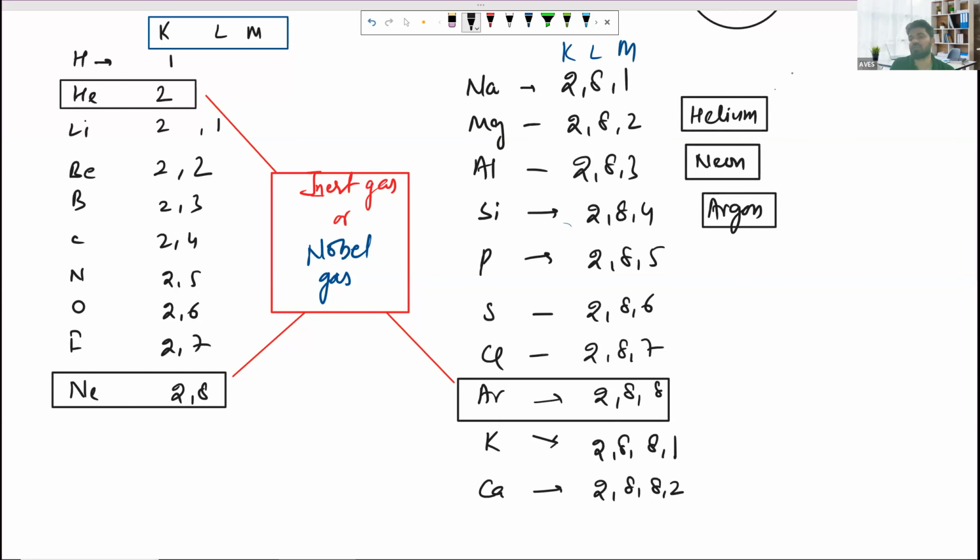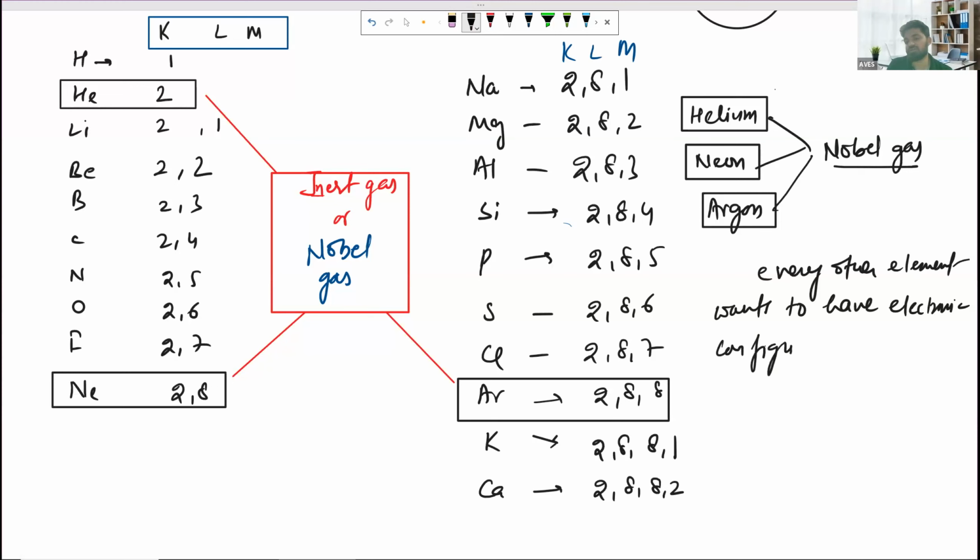Every other element wants to have the electronic configuration of the nearest noble gas.